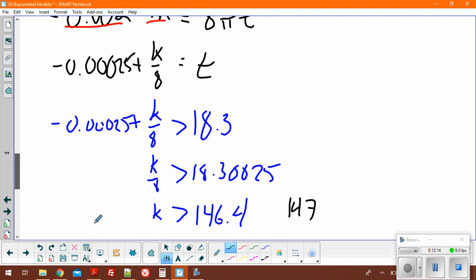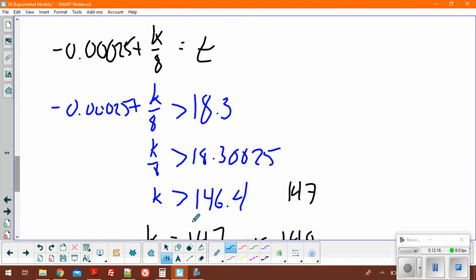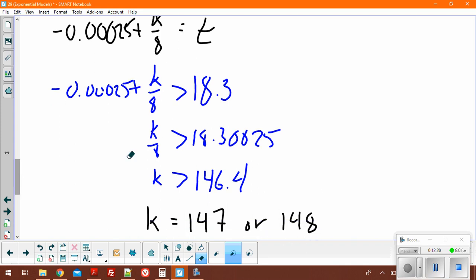Actually, I think I wrote that down below. Let me see. Yeah, okay. k could be 147. But we're somewhere way down the road with my trig function. It could be a max or it could be a min. So if 147 is not the max, then 148 will be the max because they alternate back and forth.